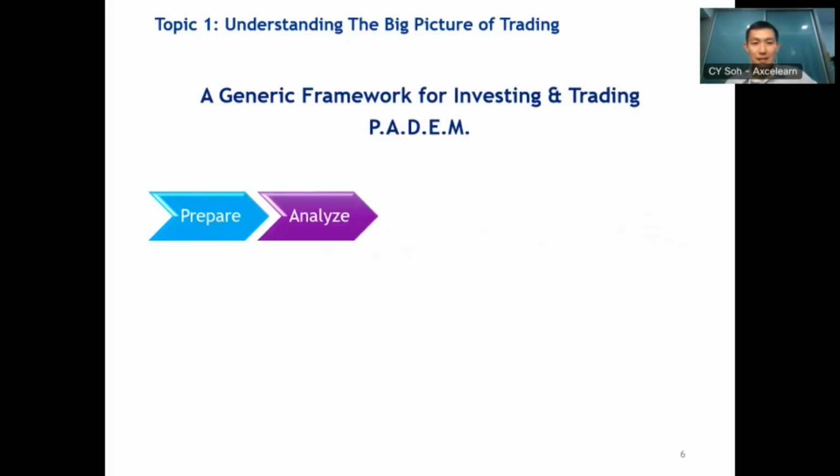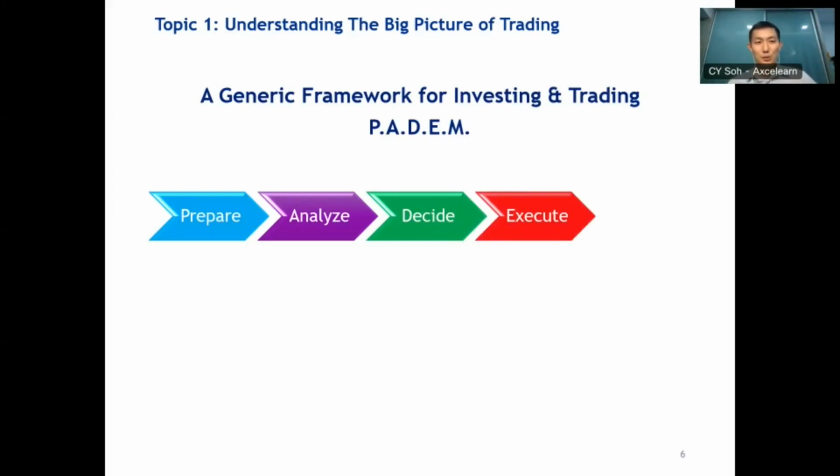The next thing is that after you gather information, you need to analyze the market. After your analysis, you need to decide whether to enter or even exit the market. Then you need to execute your trading, whether to buy, sell, or even cut loss. And lastly, you need to be able to monitor the market.